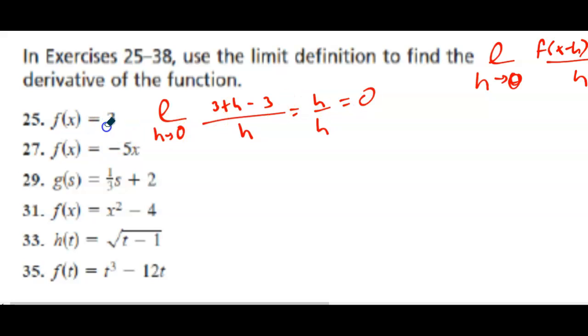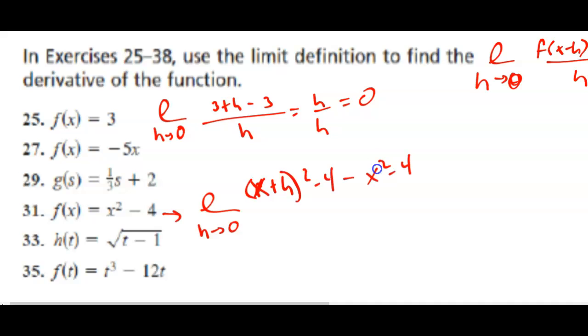Alright, we know that the derivative of a constant is 0, so it works out. But let's say we did, here I'll do this one. We got to do the limit as h goes to 0 of f of x. Well, I'm just going to plug in x plus h. So I'm going to go x plus h squared minus 4 minus x squared minus 4 all over h.